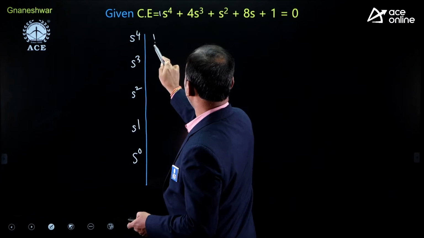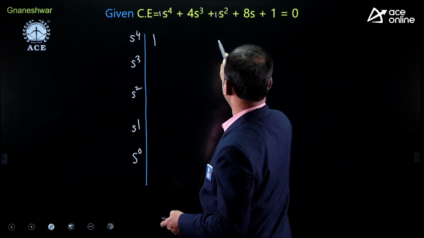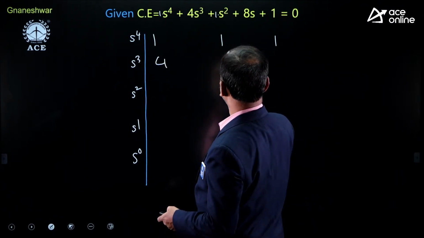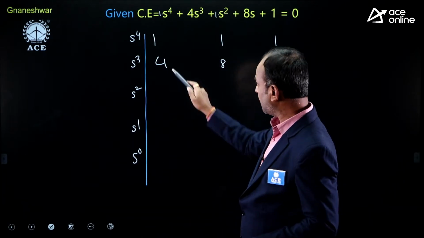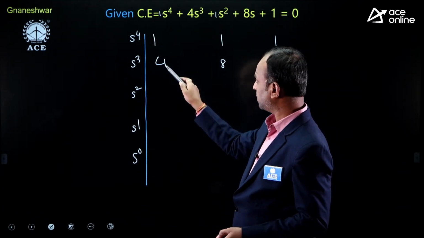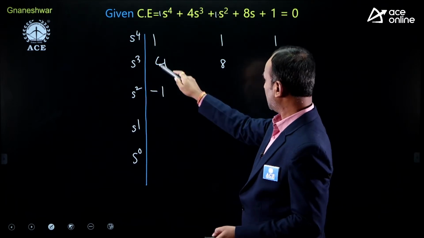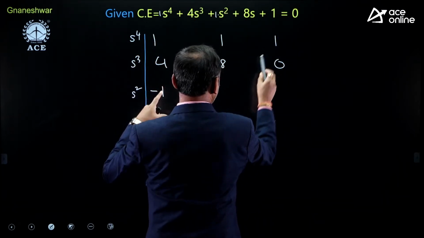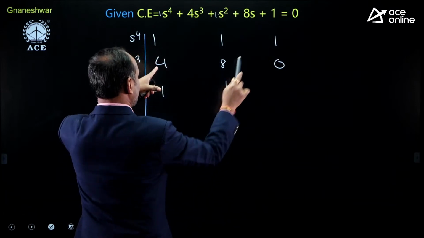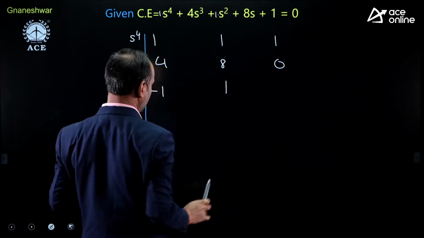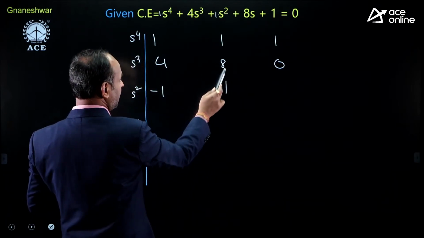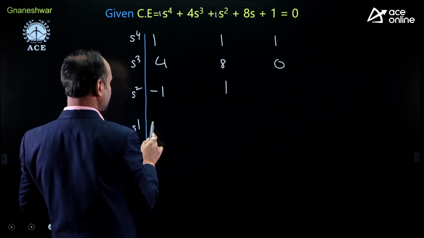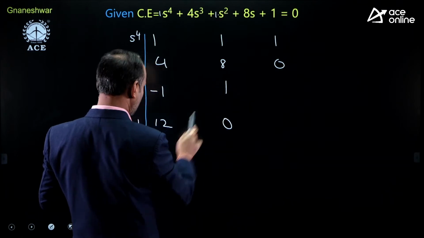The coefficients are 1, 1, then 4, 8, 0. Then 1 into 4 minus 8 gives minus 4, divided by 4 is minus 1. The element out of these is 0, so the element above is 1 only. Then minus 8 minus 4 gives minus 12 upon minus 1, so plus 12. Above the 0 element is 1 only.